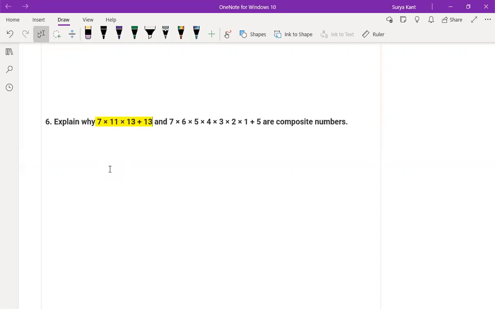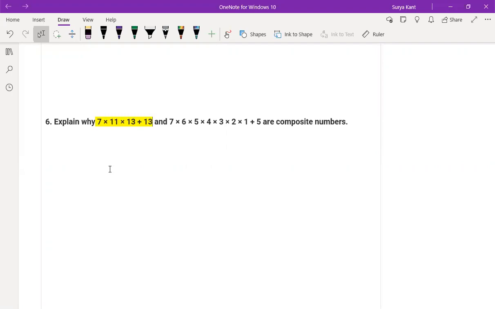Again, 78 you can take for prime factorization. So 13 into 13 into, 78 will go in which table? 13 into 6, right? 78 can again be factorized, so there will be more than two factors.